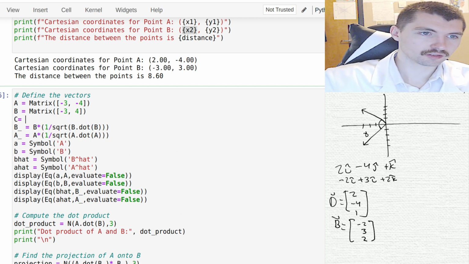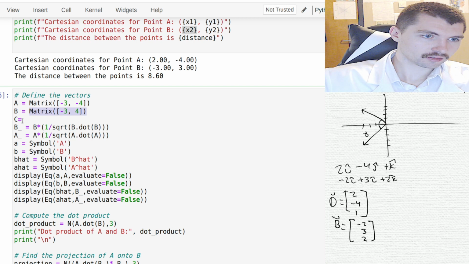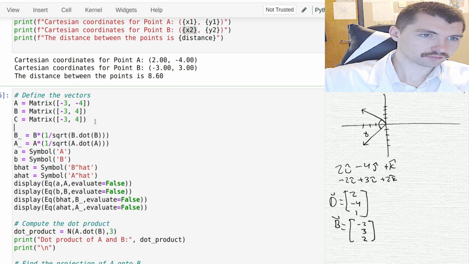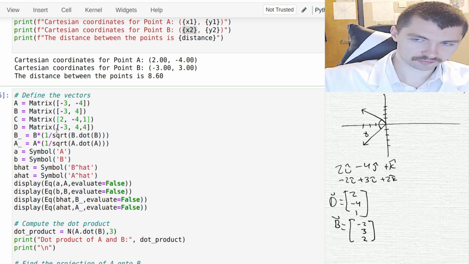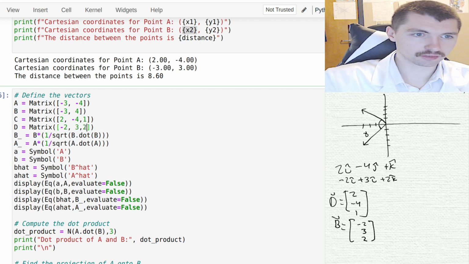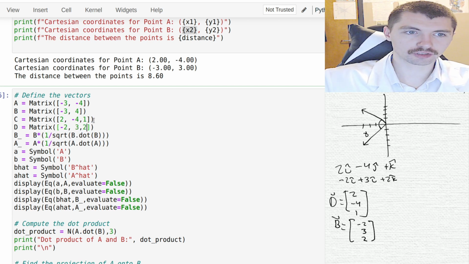C is 2, -4, 1, -2, 3, 2, 2, -4, 1, -2, 3, 2.